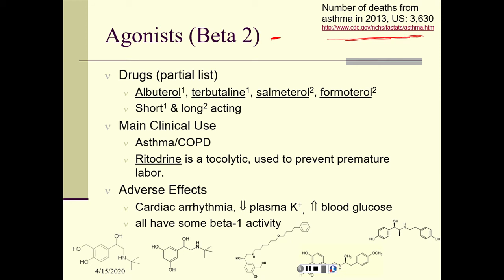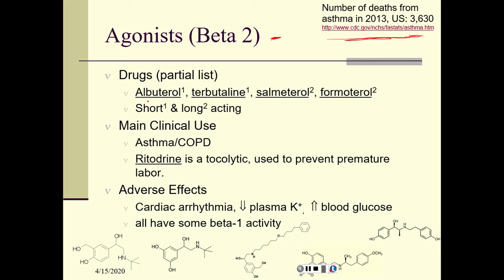And there are people that die from this. So I just listed four drugs that are beta 2 agonists, and this is only a partial list. There's many drugs in here that are used to treat asthma and chronic obstructive pulmonary diseases, because those are chronic diseases, long-lasting diseases, and a lot of people have them.